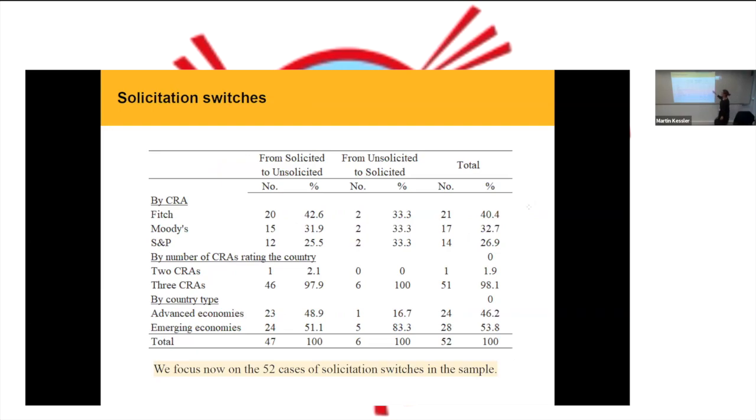Most of the changes are in fact from countries stopping paying. It's mostly 47 cases where a country just stopped paying, and the credit rating agency does not withdraw its ratings, it keeps them, so it has enough information to rate, but it just issues unsolicited ratings.